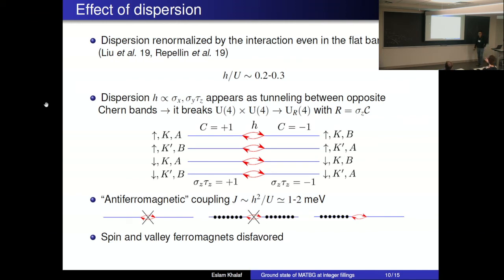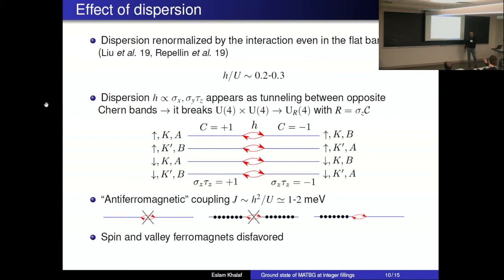So earlier you said that the U4 cross U4 is a symmetry of the interacting description? It's the symmetry of the interaction in the chiral limit, in the limit when we switch off the same sublattice hopping. In the next slide, I will show what happens when we switch this back on. Okay, but even in that limit still, you get the dispersion from the interactions. Yes.